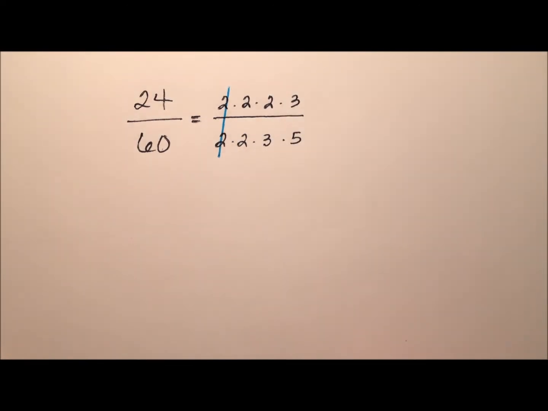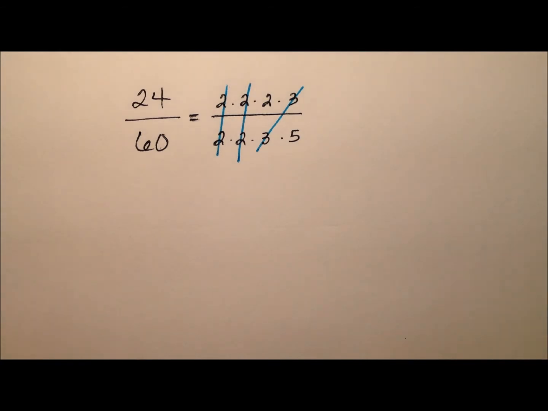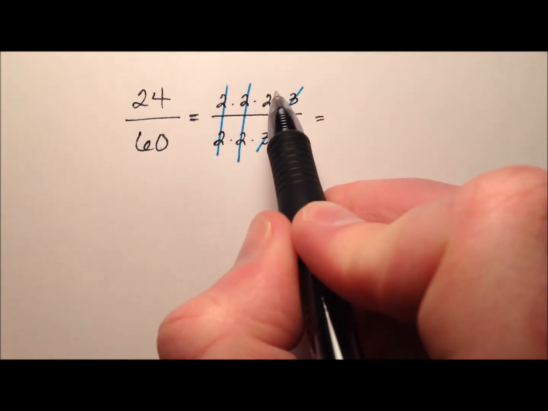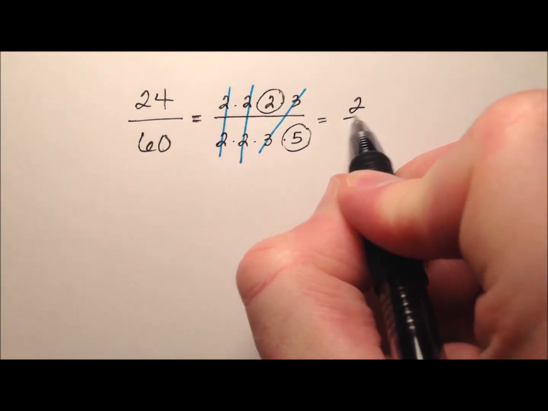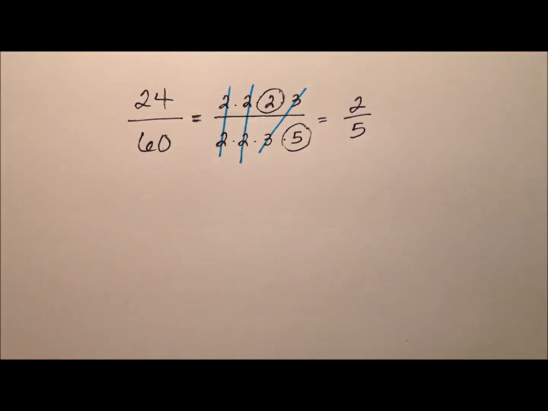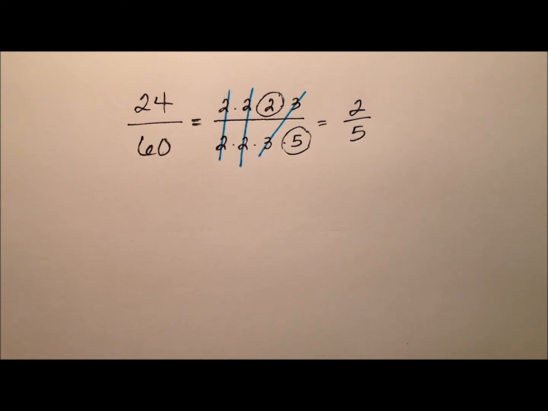So they share a 2 right there, another 2 right there, and 3's right there. So what's left over? Well, just a 2 in the numerator and just a 5 in the denominator. So I'm going to say the simplified form of 24/60ths will be 2/5, which you probably knew as soon as you saw 24/60ths on the video screen.